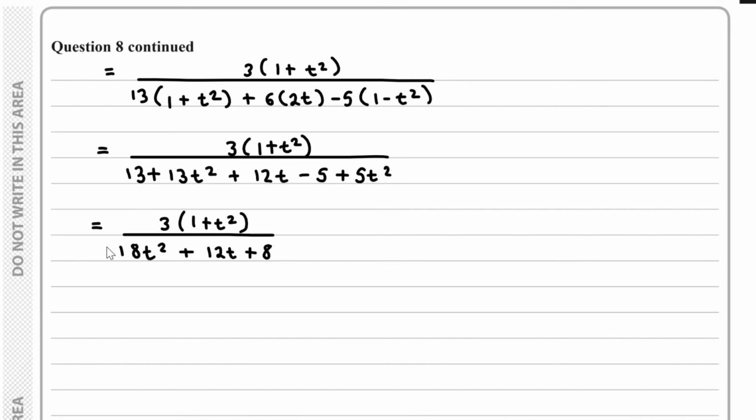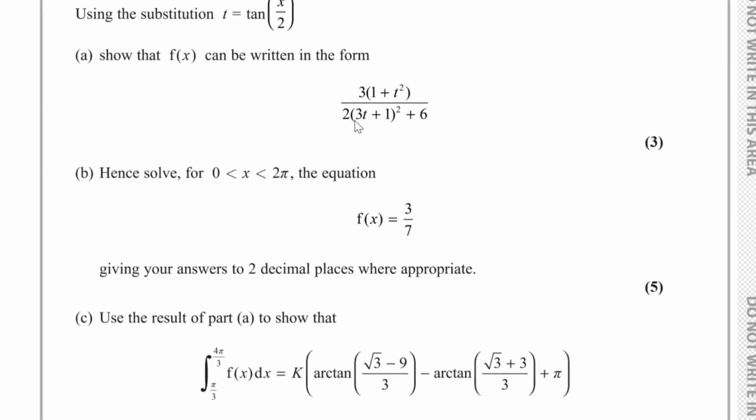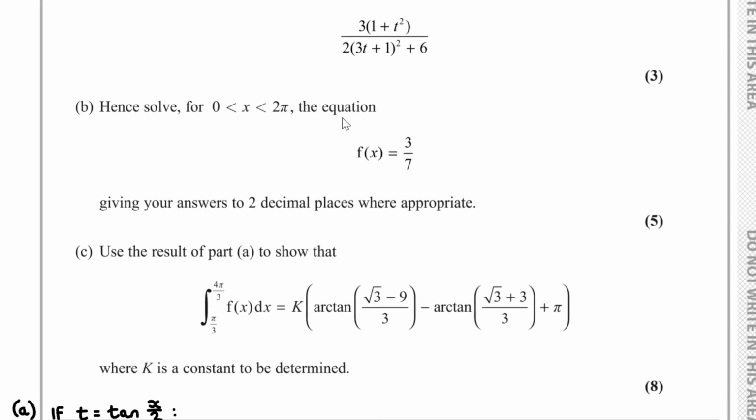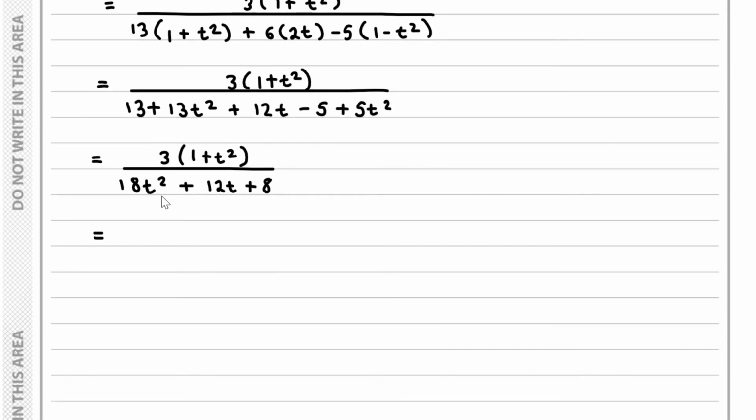To write this in the required form, what we'll do is, if you notice over here we have 2 lots of 3t plus 1 all squared, and if I square 3t we'd end up with 9t squared, and if I multiply that by 2 I get the 18t squared. So we can adapt what we have here so it can look similar to what we want to show.